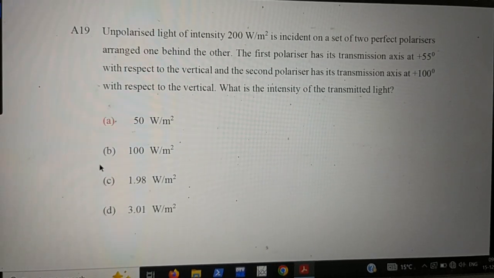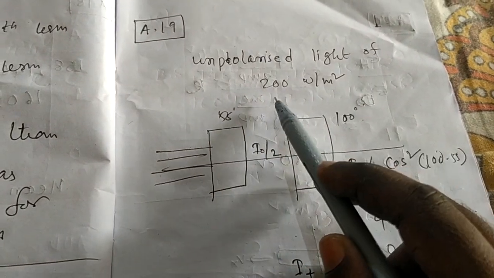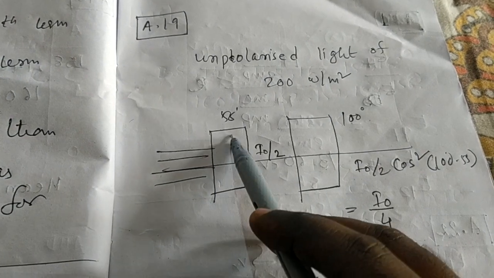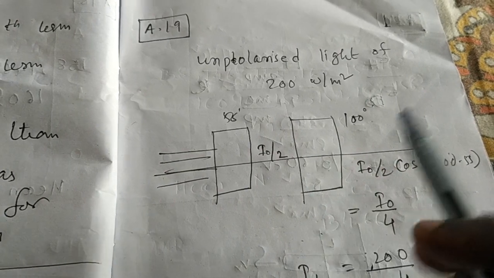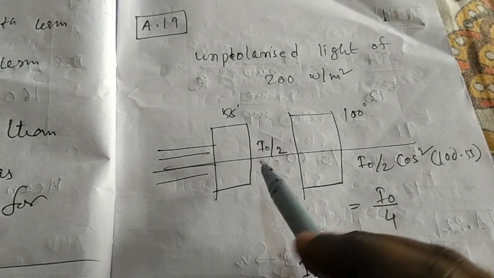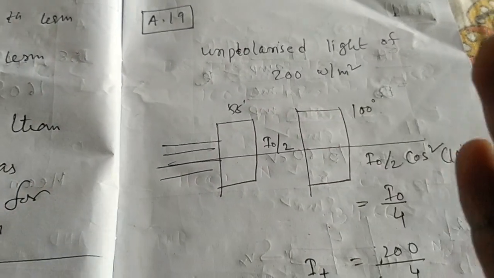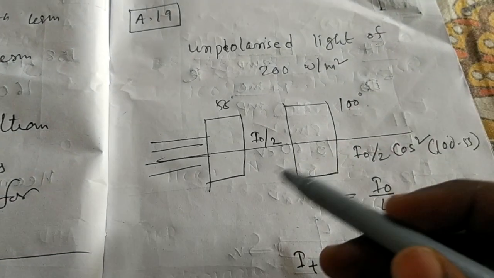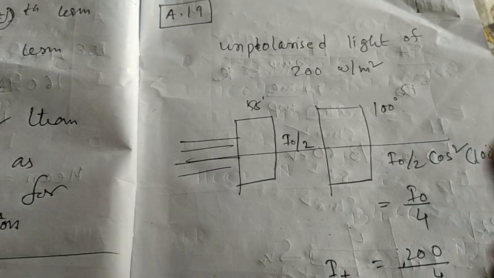Okay. So first, unpolarized light of 200 watt per meter square is incident on the first polarizer, which is at 55 degrees, which will immediately reduce the intensity. When unpolarized light is incident on a polarizer, it will divide the intensity I0 by 2. It will get polarized, so you will get polarized light of intensity I0 by 2.